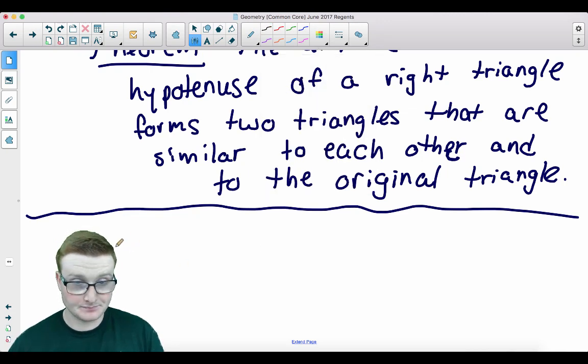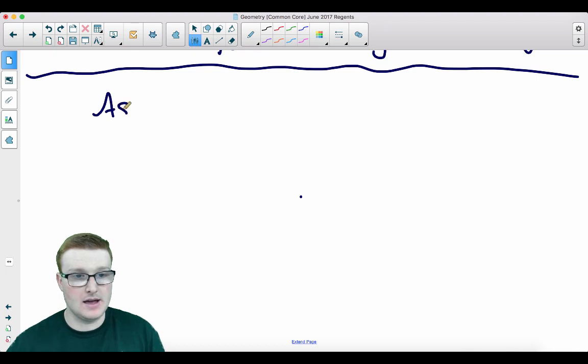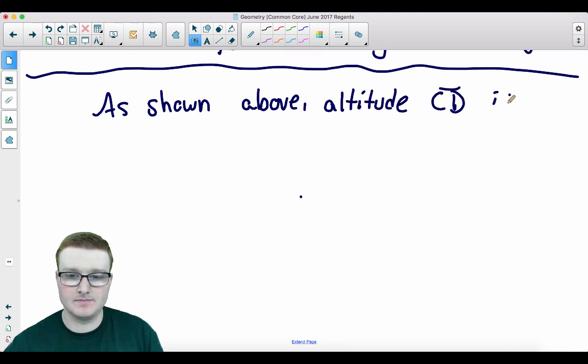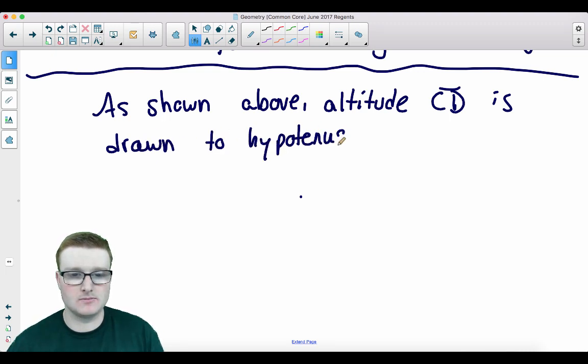Here we go. So let me extend this page here. As shown above, altitude CD is drawn to hypotenuse AB.